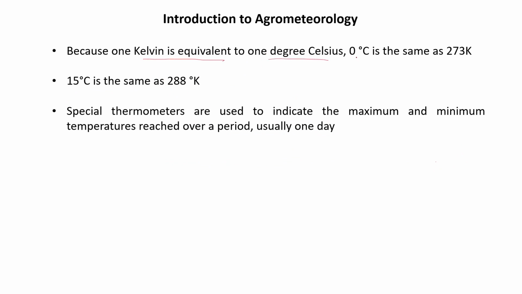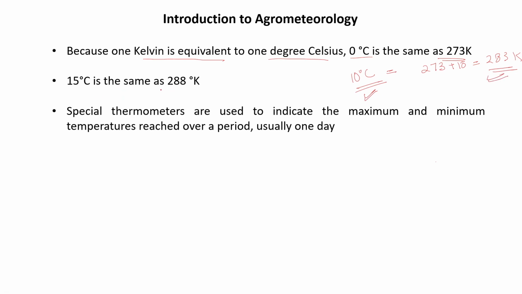So 0 degrees centigrade is the same as 273 Kelvin. When we write, suppose, 10 degrees centigrade, it will be 273 plus 10, that is 283 Kelvin. In this way you can represent the temperature in degrees Celsius and also in Kelvin.